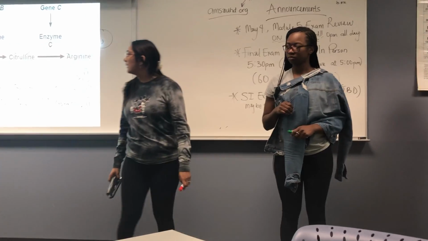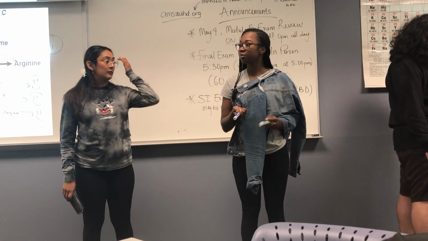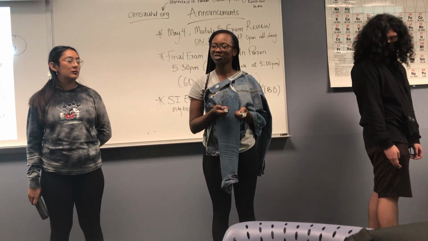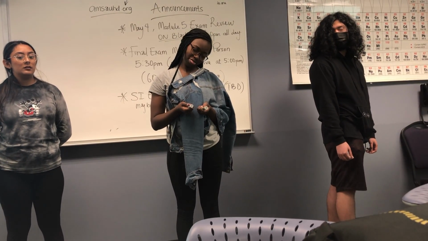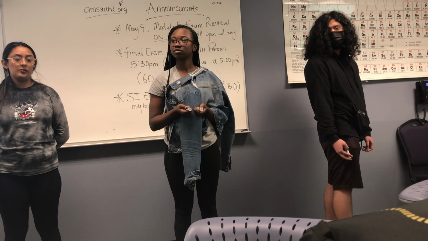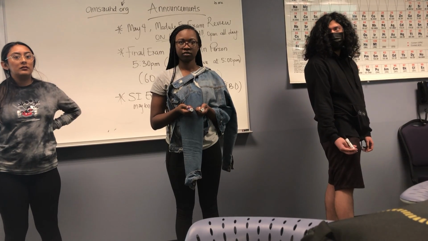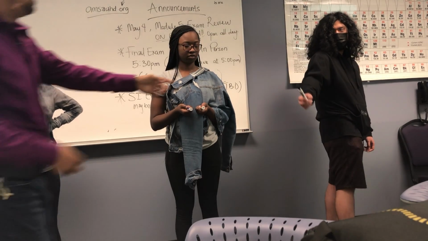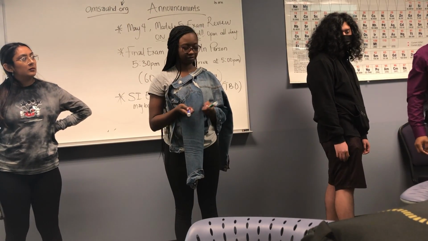I take it and make ornithine, I take ornithine and make citrulline, but I don't have anybody to pass it to. So what happens to the cell? The cell dies. So what do I need to do to make the cell survive? Add synthetic arginine. I add the product of the faulty enzyme, arginine, and now the cell is able to live.